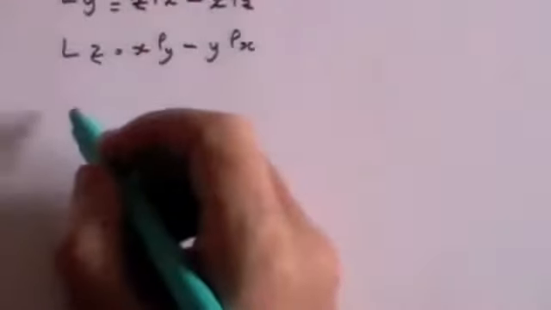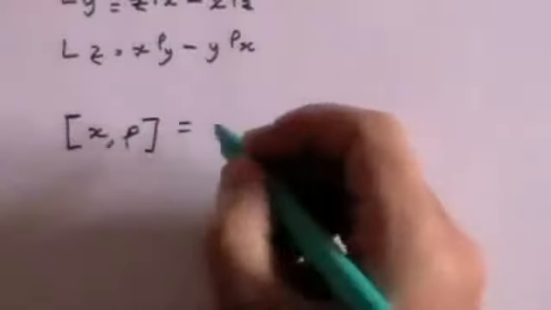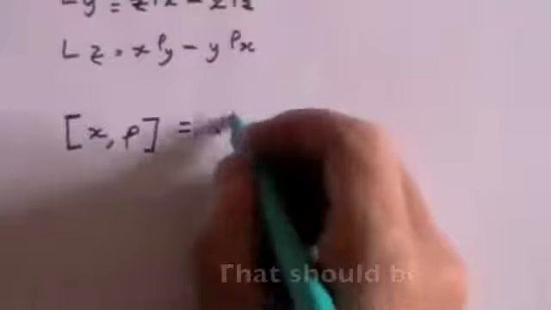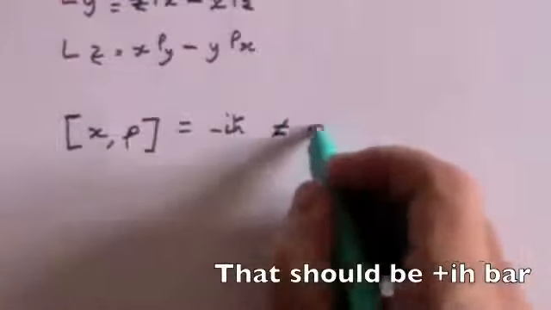Now a little reminder about what we called the commutator of x with p, the commutator of position and momentum. We showed in the videos on quantum mechanics concepts that that equals i h bar, which of course means it does not equal 0.